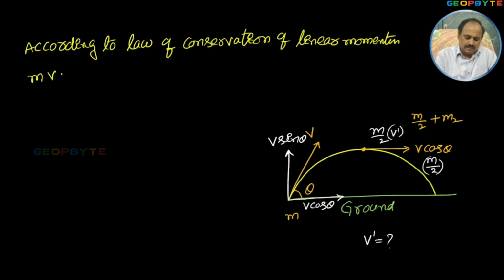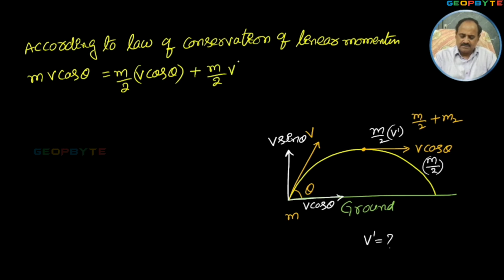M into v cos theta. Mass of the particle is m into the horizontal component of velocity, which is equal to m by 2 into v cos theta. This is the momentum maintained by the one particle which is following the trajectory. The other momentum is m by 2 into v dash.